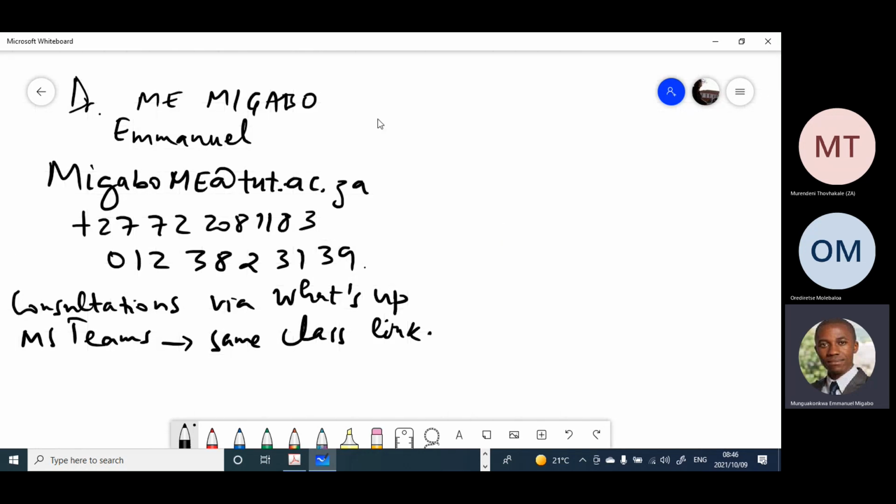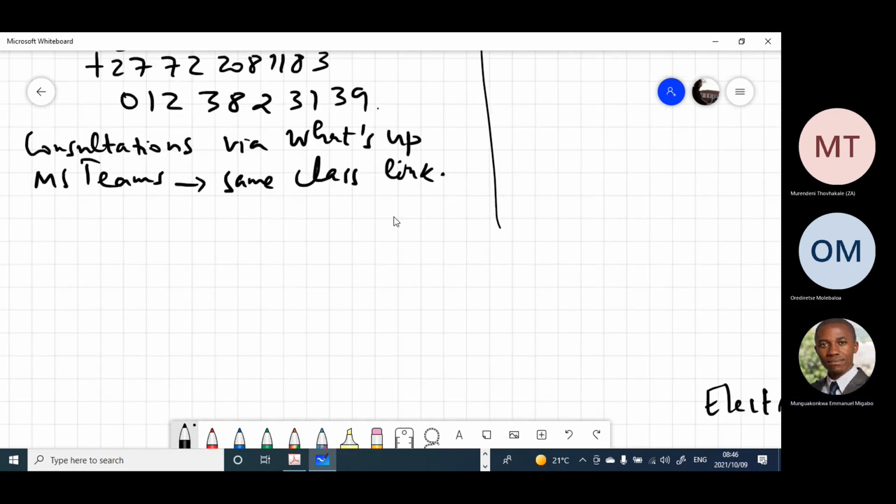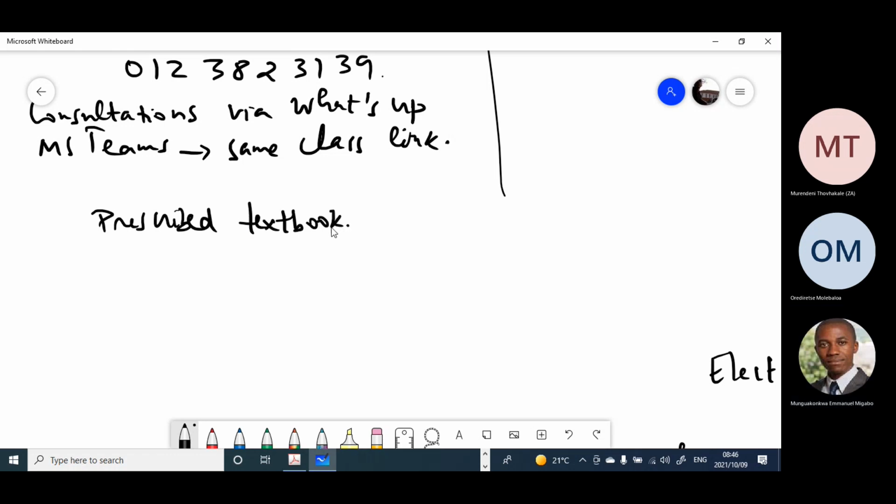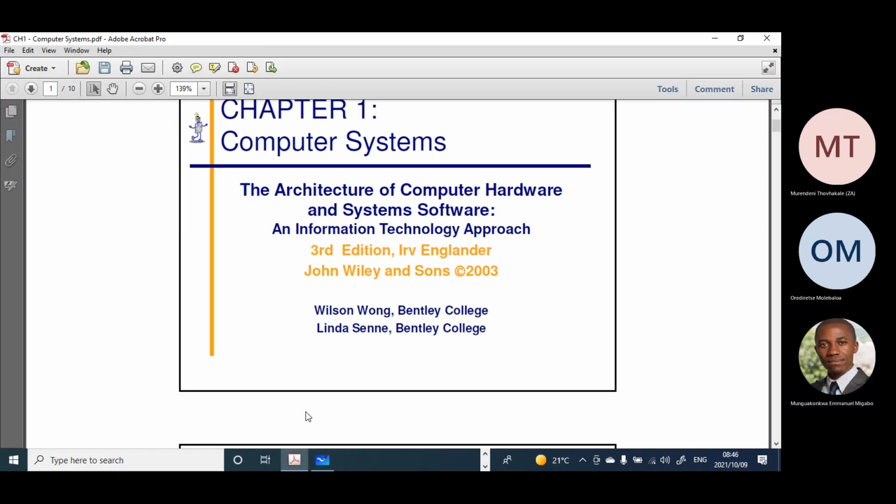Then we move into the subject itself. In terms of the prescribed textbook, we use a textbook called The Architecture of Computer Hardware and System Software: An Information Technology Approach.